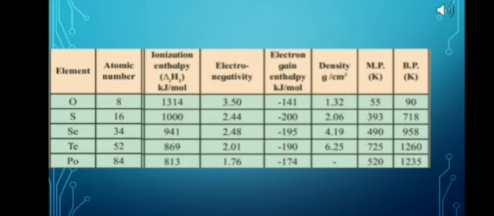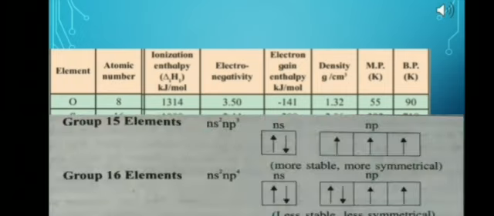If you see the electronic configuration of group 15 and 16 elements, it is clear that the valence shell configuration of group 15 is more stable as compared to the group 16 elements. This is because group 15 elements possess a half-filled p subshell, as you can see here, in their valence shell, which is more symmetrical, more stable.